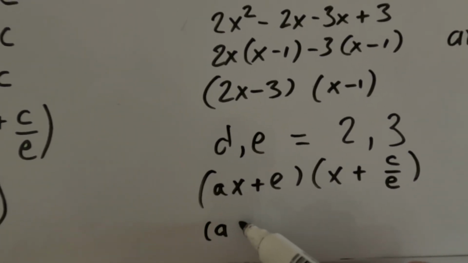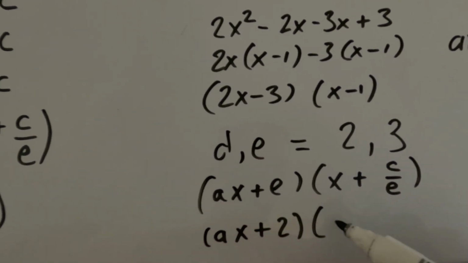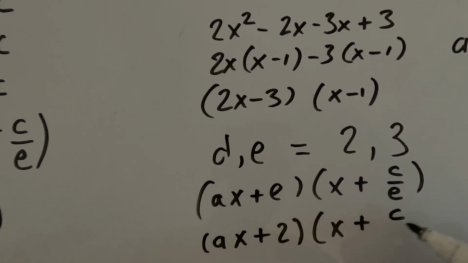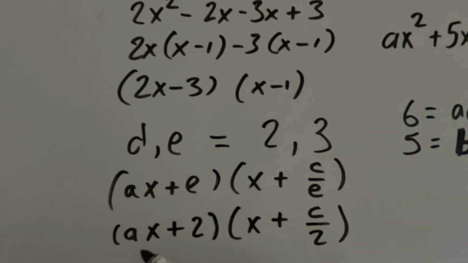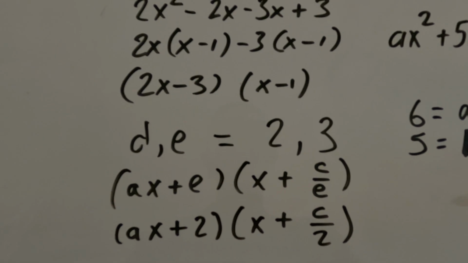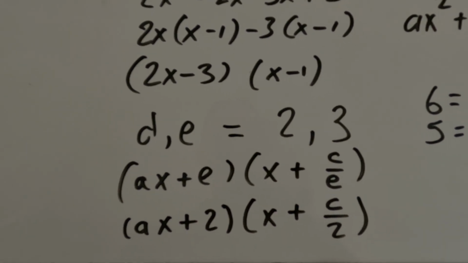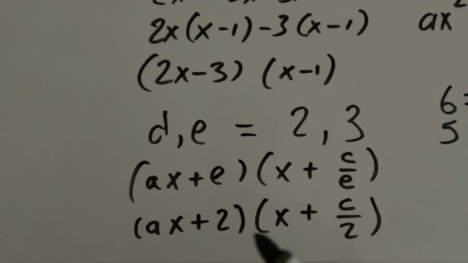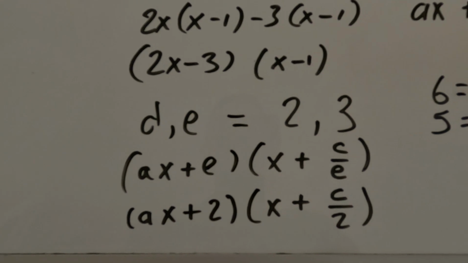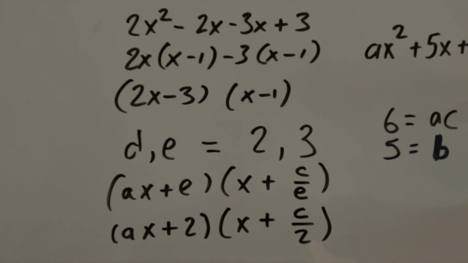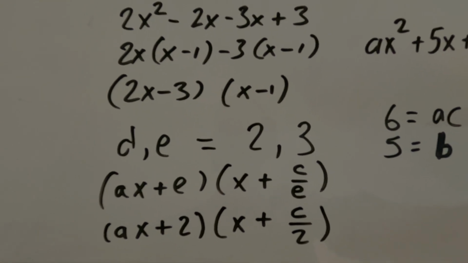So I'm going to pick e to be 2, so it'll be ax plus 2 times x plus c over 2. So whatever a is, just plug it in there, and whatever c is, just plug it in there. Equally, I could have chosen e to be 3. If I choose e to be 3, it'll be ax plus 3 times x plus c over 3. Okay, it's entirely up to you. That's the beauty of it.